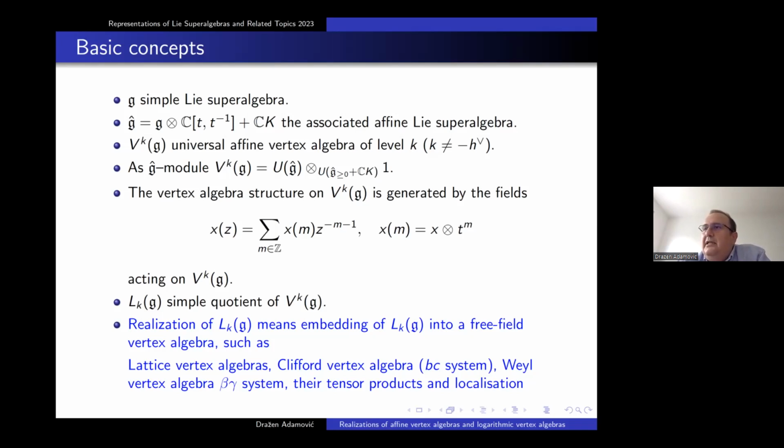So then we consider the category of representations of the affine vertex algebra. The affine vertex algebra catches all smooth, also called relaxed, modules for the infinite dimensional superalgebra. But essentially the representation theory of this algebra is the same as the representation theory of this vertex algebra.